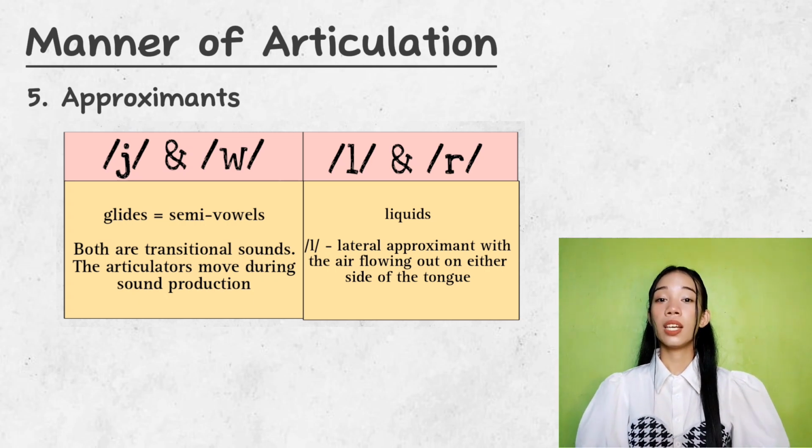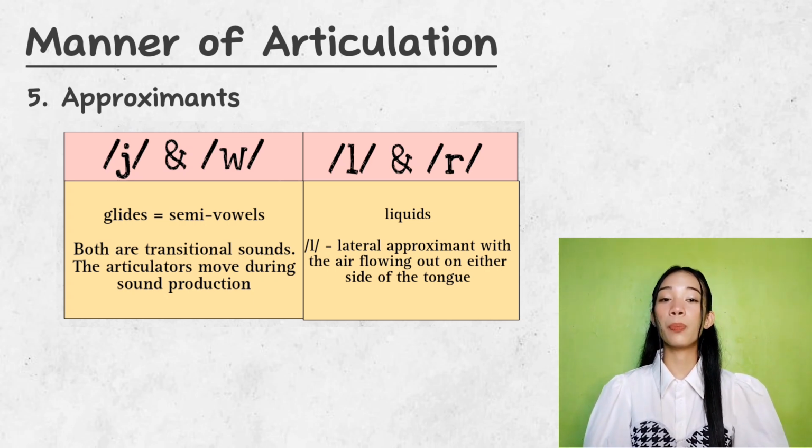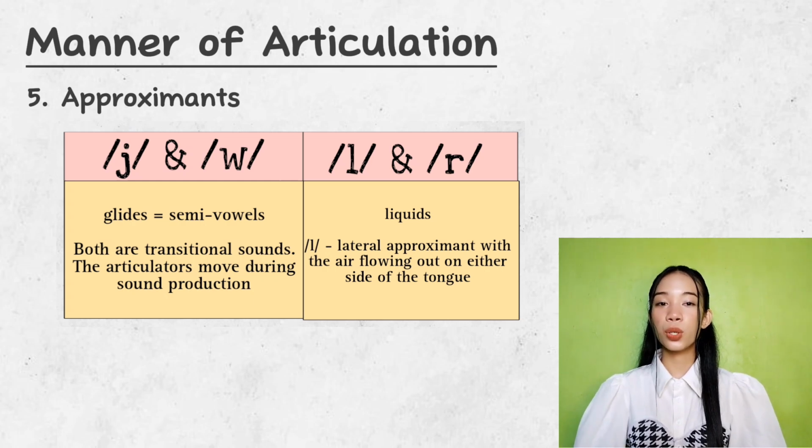Now, let's have a look at the other two. Those are called liquids. Now, l is also called a lateral approximant. And in fact, very often you will see the other sounds also being called approximants with a specific adjective before it. And that usually refers to either the manner of articulation or the place. And that's just to distinguish them from one another.